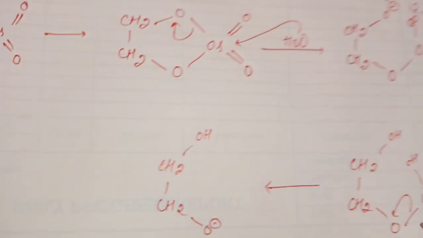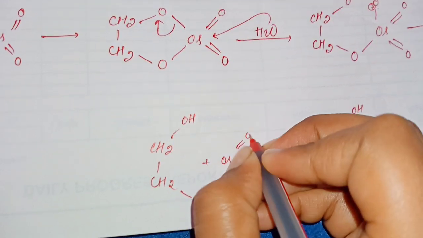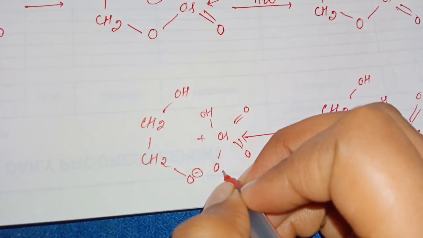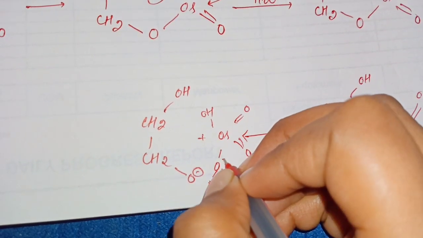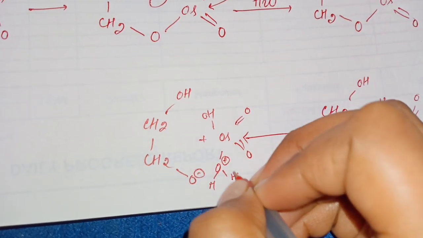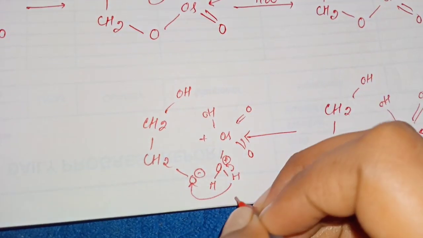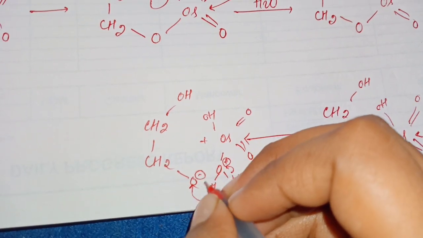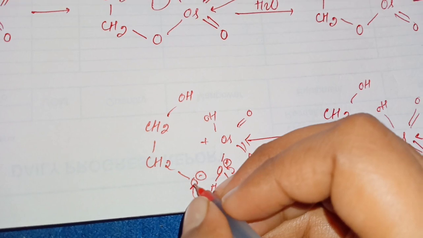Here the bond breaks completely, so it becomes plus osmium double bond O-OH, and here water, H. Here it becomes positive, so one H will give its electron to oxygen and become H plus, and the hydrogen will attach to the carbon-oxygen.